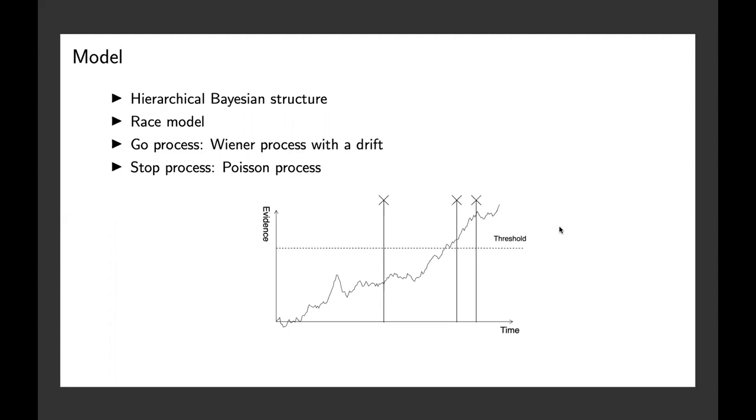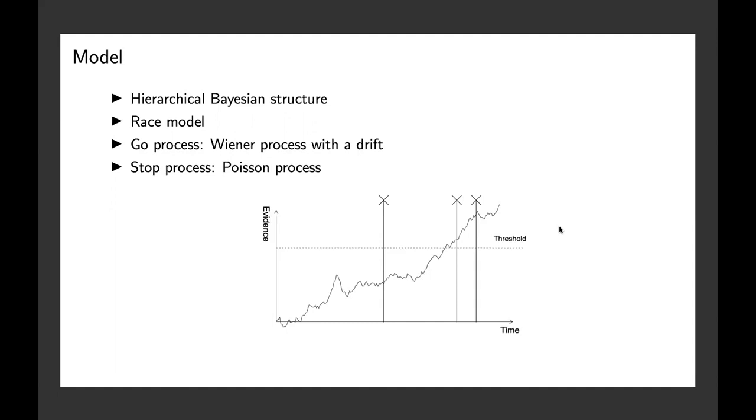Therefore, we model it with a Wiener process with a drift, where the participants keep collecting information of the similarities of these stimuli until it reaches a sufficient amount that allows them to determine them as identical. We model this amount with a decision threshold.